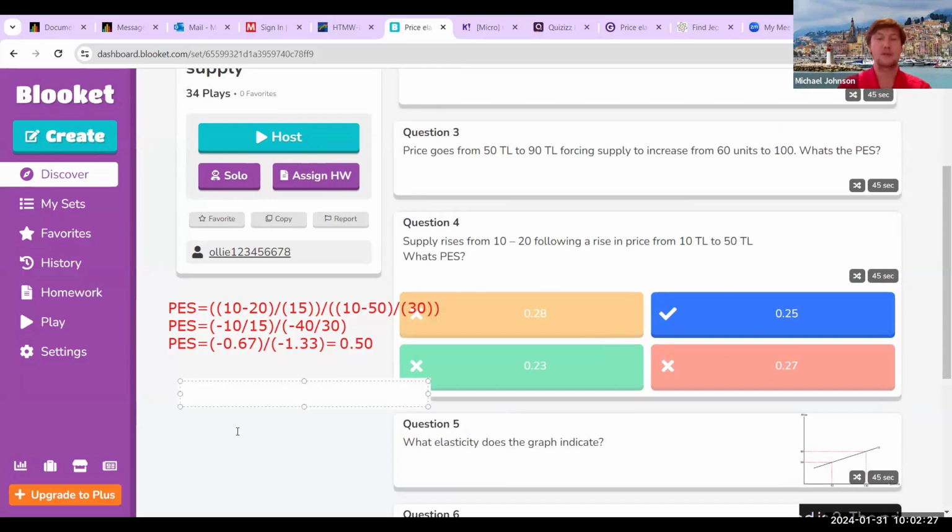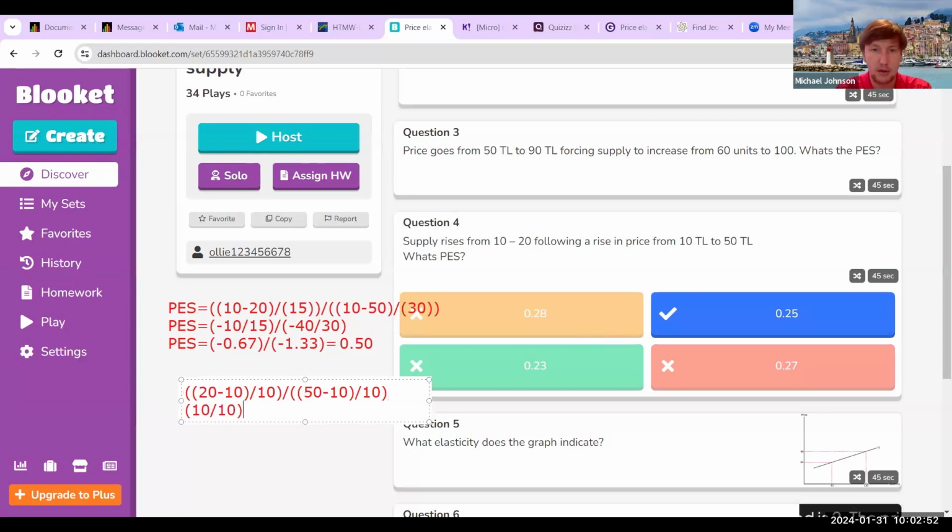So the percentage method, in that case, 20 minus 10 divided by 10 for the quantity, and then divide that by 50 minus 10 divided by 10.